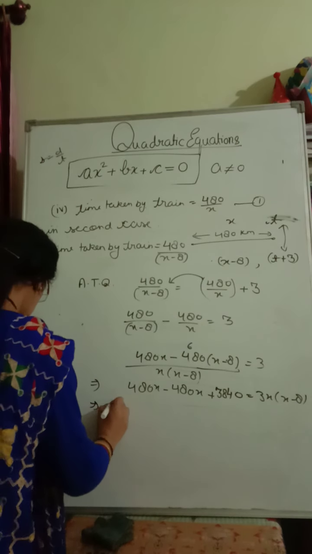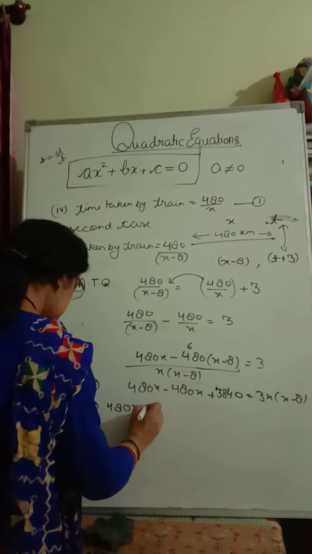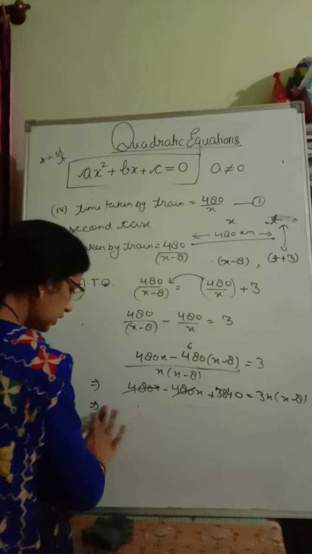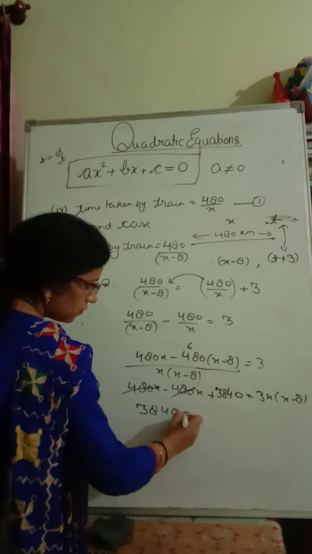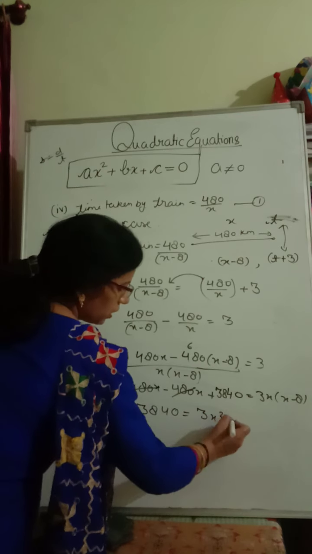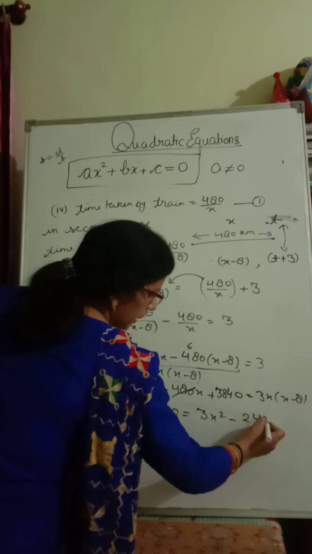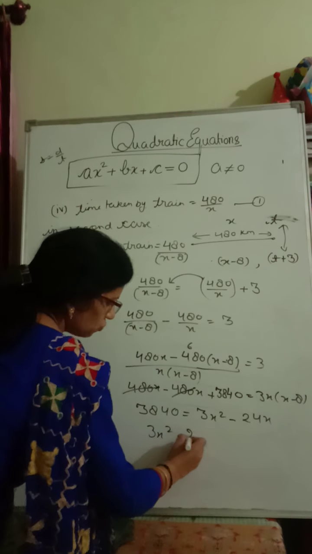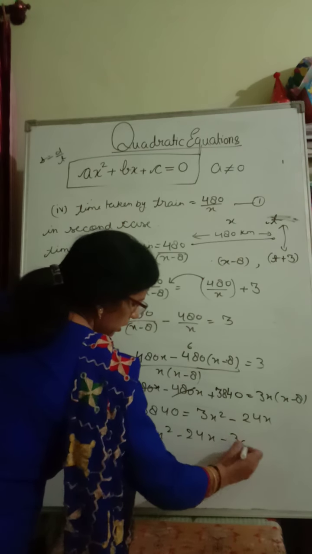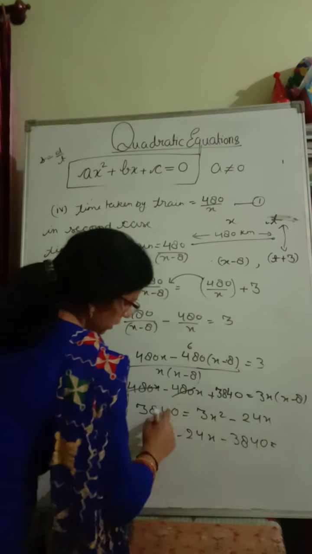So we will get 480x, ये दोनों cancel out. ठीक है. So we'll get 3840 equals to 3x square minus 8 is 24x. इसको उधर ले आओ. So 3x square minus 24x minus 3840 equals to इधर क्या बचा 0.